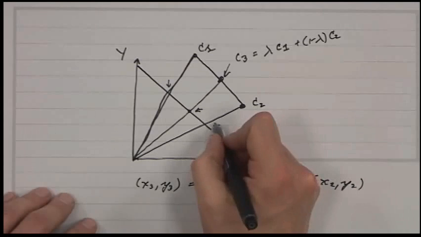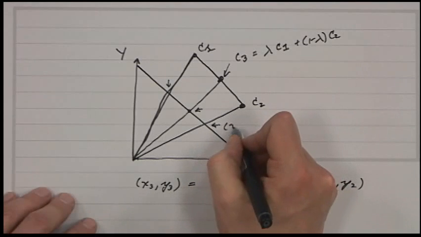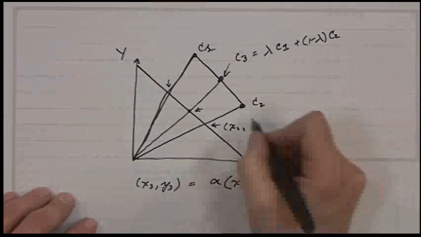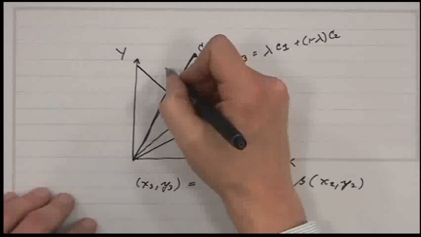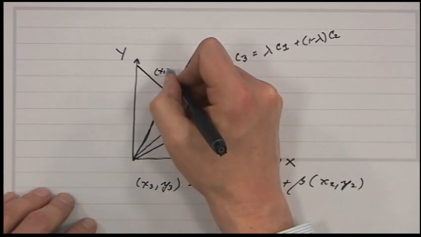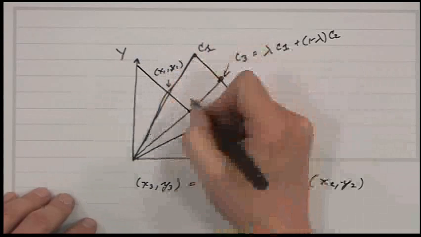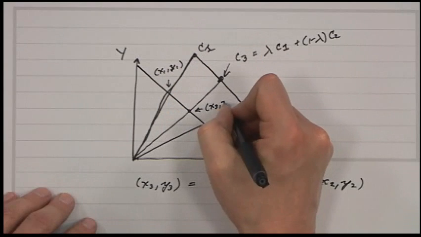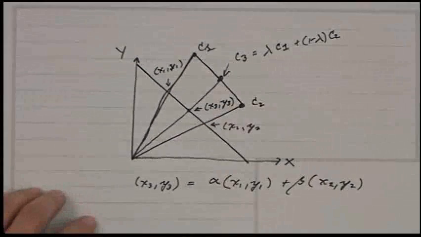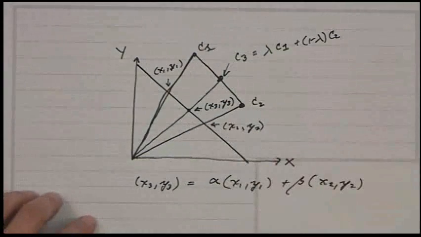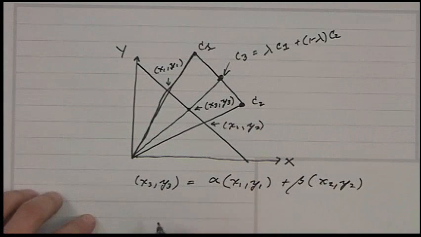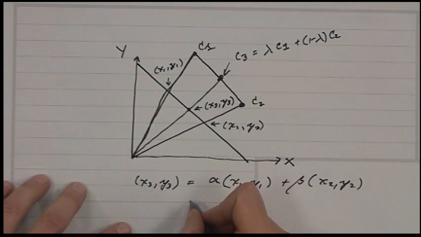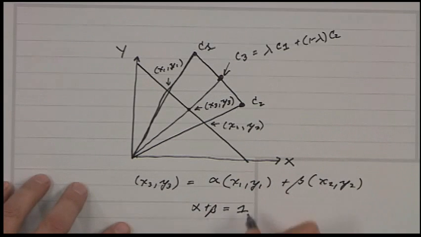Here this is little x2, little y2, this is little x1, little y1, and this is little x3, little y3. First of all, alpha plus beta equals 1.